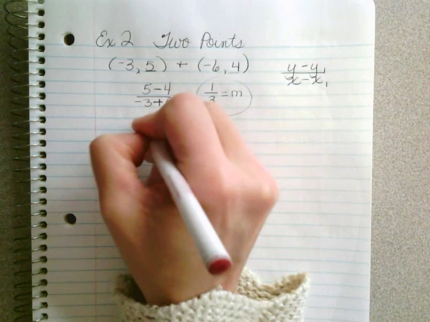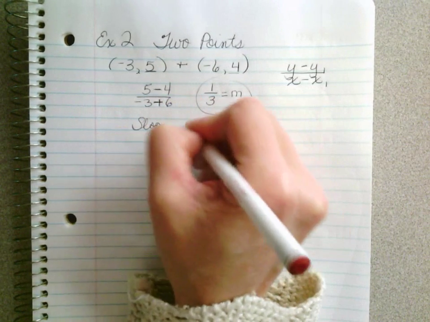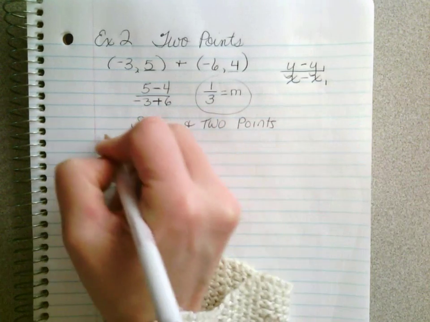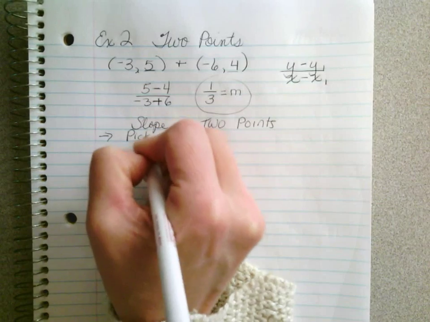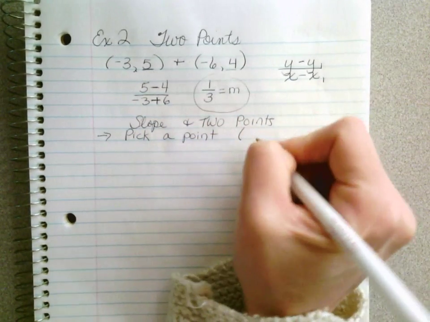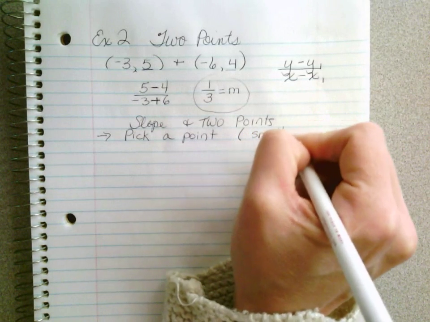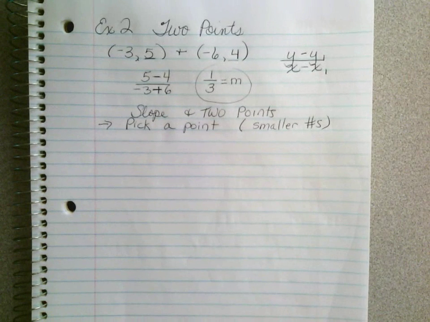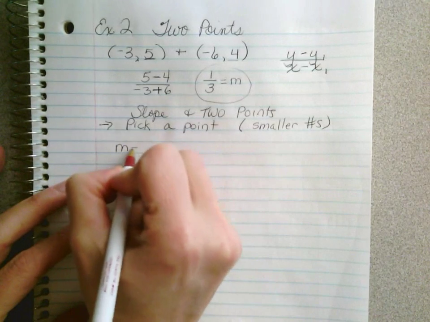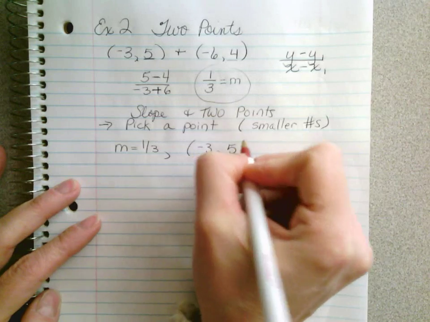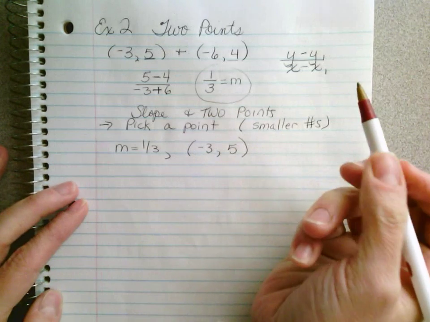You now have slope and you have 2 points. All you need to do now is pick a point. Doesn't matter which one. I generally pick the one with smaller numbers. So my slope is 1/3, and I'm going to pick -3, 5. It really doesn't matter. These are pretty close in numeric value.